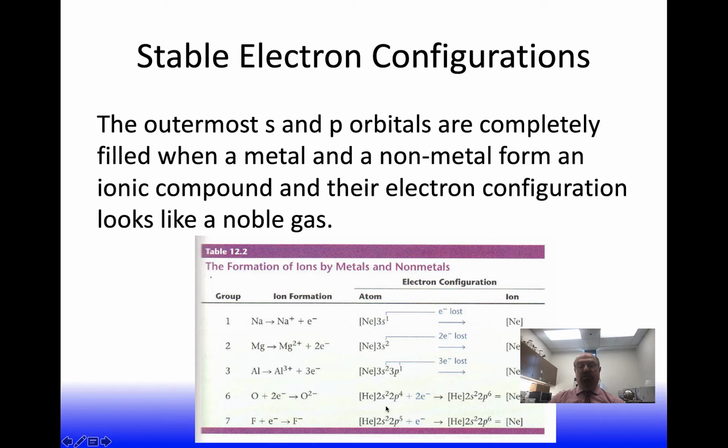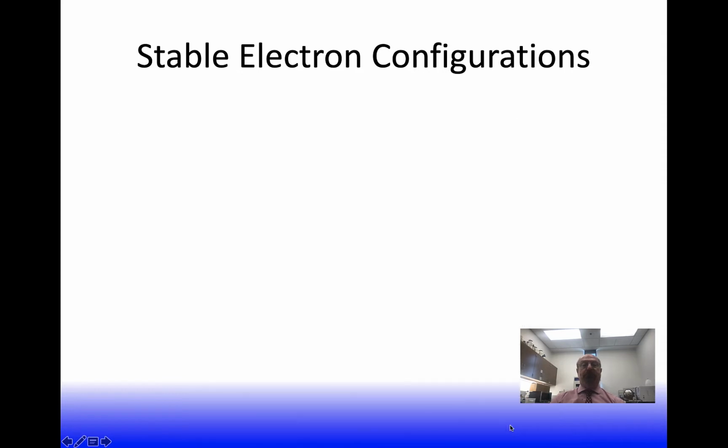So oxygen has 2 holes that need to be filled in order to get it to have a completely full 2s and 2p orbitals. When they're completely filled, it looks like neon. So it will acquire 2 electrons and be 2 minus charged. Fluorine only has 1 hole. It will acquire 1 electron. So fluorine 1 minus will now also have the same electron configuration as neon.